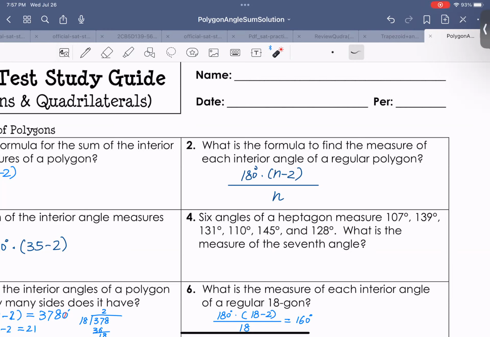So you do 180 times 7 minus 2, which is 180 times 5, which is 900. Very good. And then you add up all the angles and subtract from that 900. So you have 900 minus all of them, right? You can add all these together. Correct? Yeah.